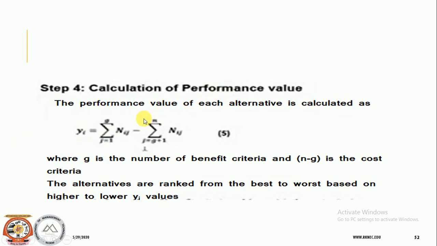The first term is the summation of all the values of the benefit criteria, and the second term is the summation of all the values of the non-benefit criteria. The alternatives that we select are ranked on this value only. So we are going to calculate the value in this fashion, wherein the summation of non-beneficial criteria gets subtracted from the summation of beneficial criteria. So we will deal with the same old problem that we have.